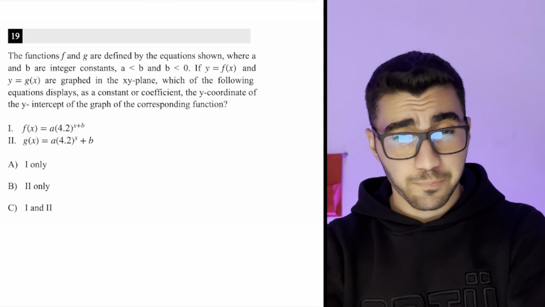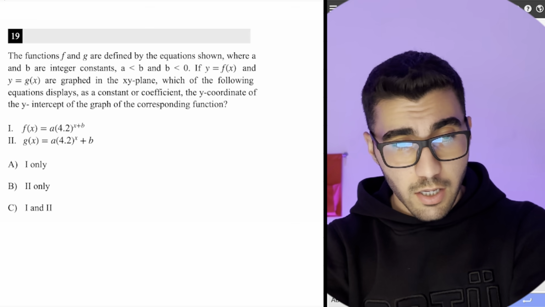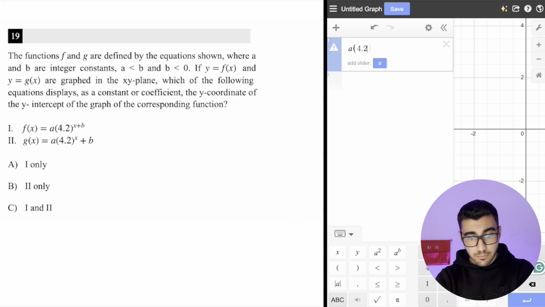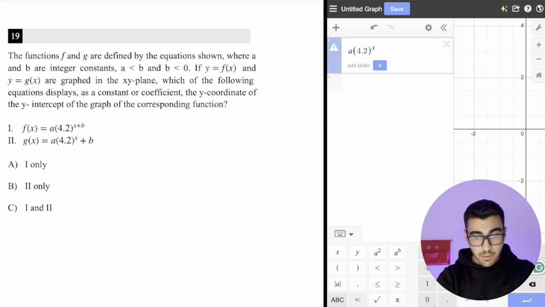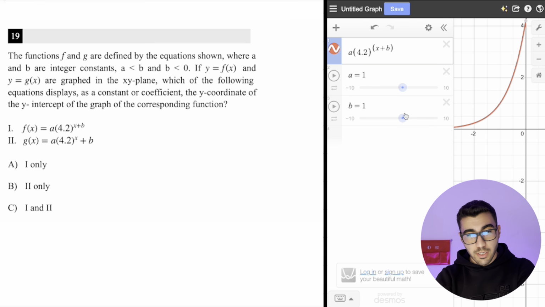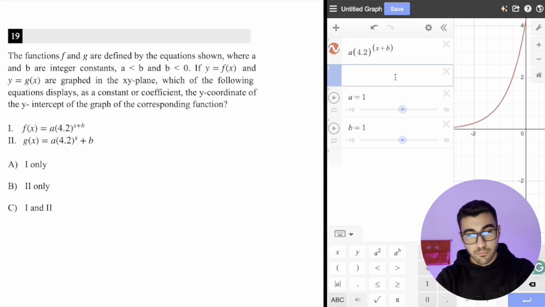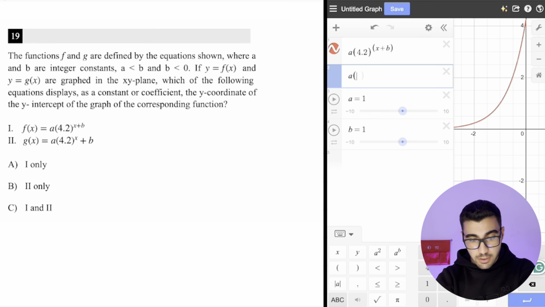So let's first put the first one, a times 4.2 to the power of x plus b. Add a slider for a and b, and now I'm going to tell you what to do for a and b, but let's also put the second one, a times 4.2 to the power of x, this time plus b.